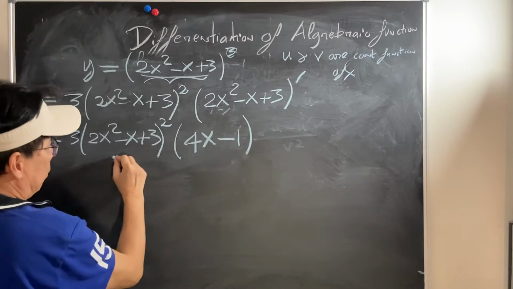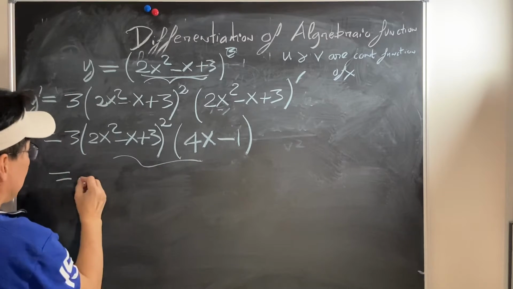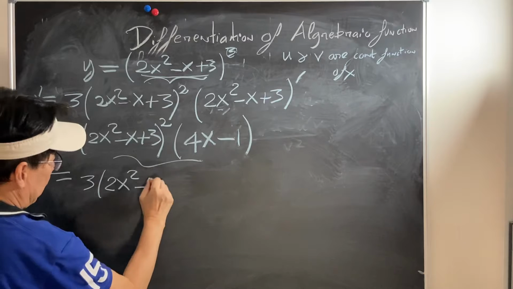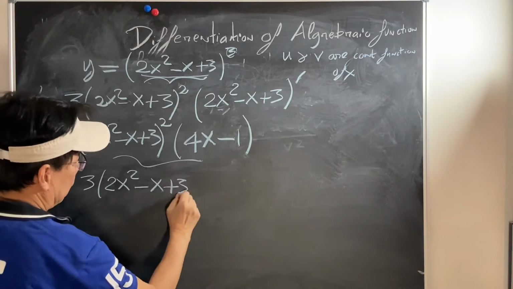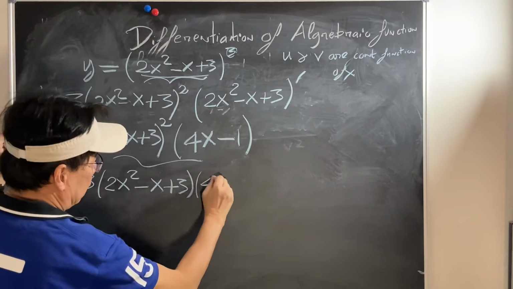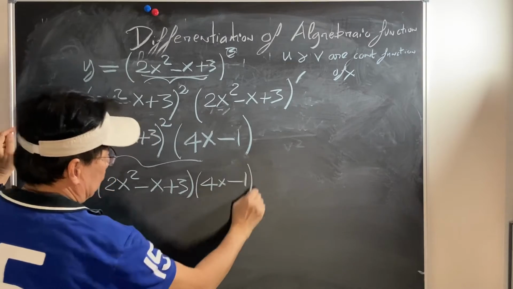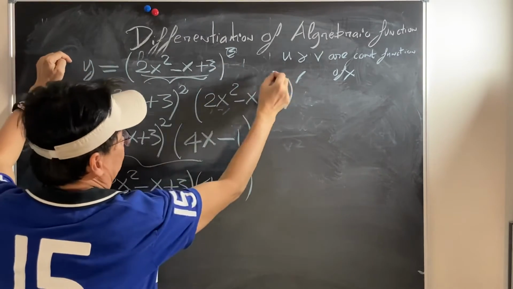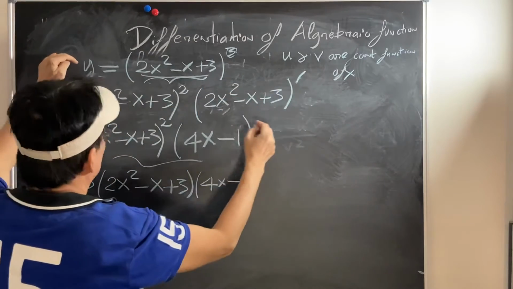So we have this product. The final answer will be 3 times 2x squared minus x plus 3, squared, times 4x minus 1. That is where we apply the power rule.